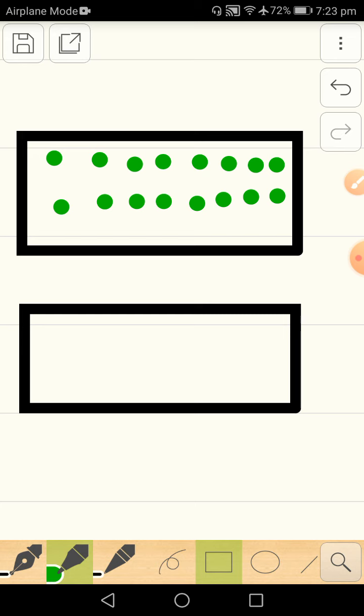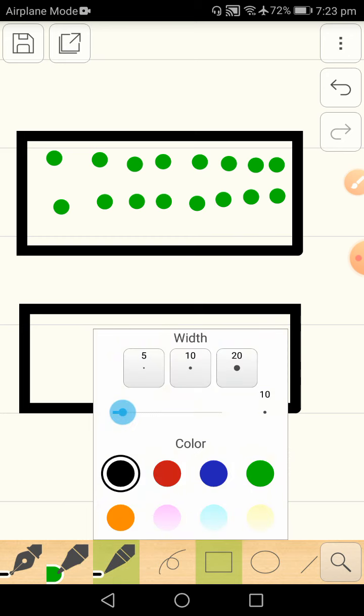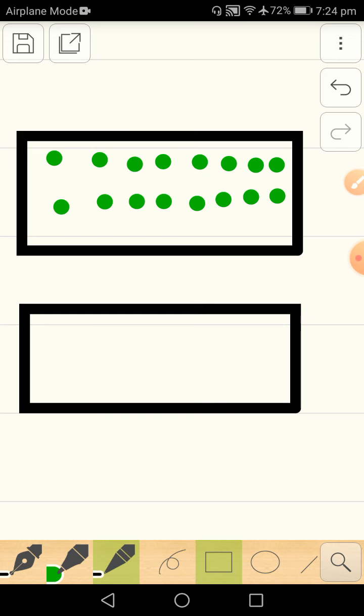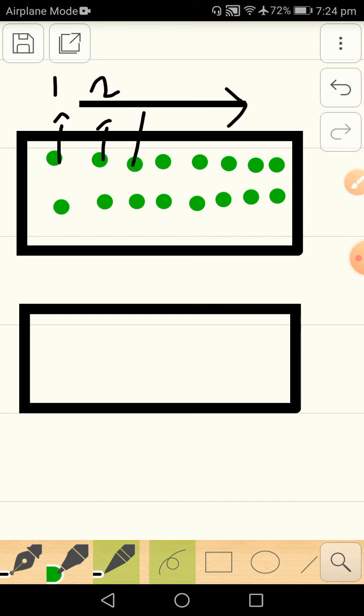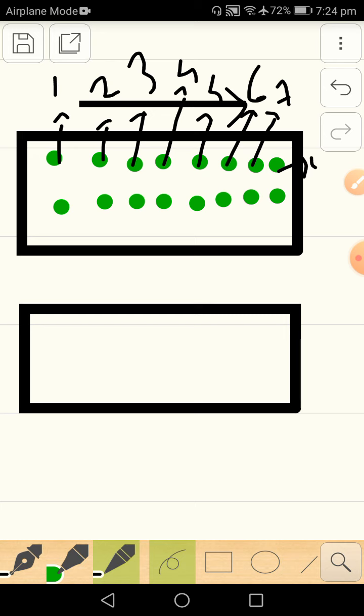Now let me tell you that the energy of the particles is sequentially increasing in this direction. For example, this particle has energy 1, this has energy 2, energy 3, energy 4, kinetic energy 5, then energy 6, energy 7, then energy 8.